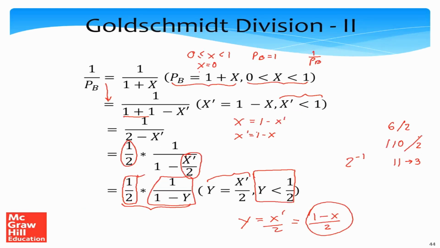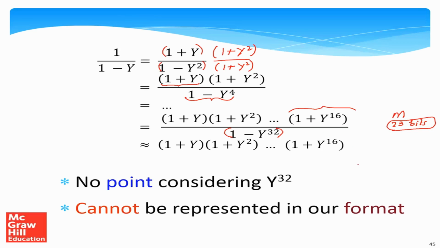Let's go to the previous slide. What we know is y is less than half. This is something that we know, that y is less than 2 raised to the power minus 1. So y to the power 32 is less than 2 to the power minus 32.